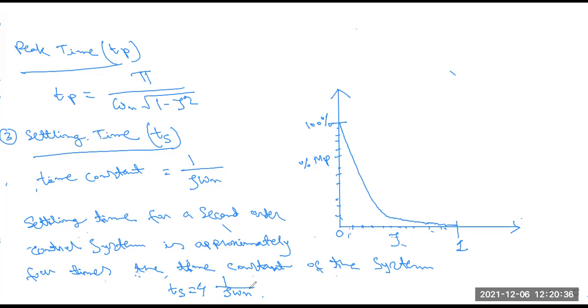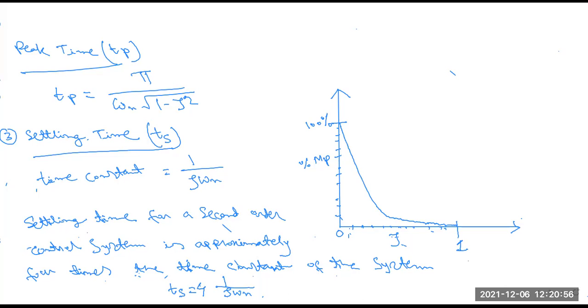These are the expressions for the settling time of any second order control system. So this settling time is approximately 4 times the time constant of the system, TS equals 4 times 1 by zeta omega n.